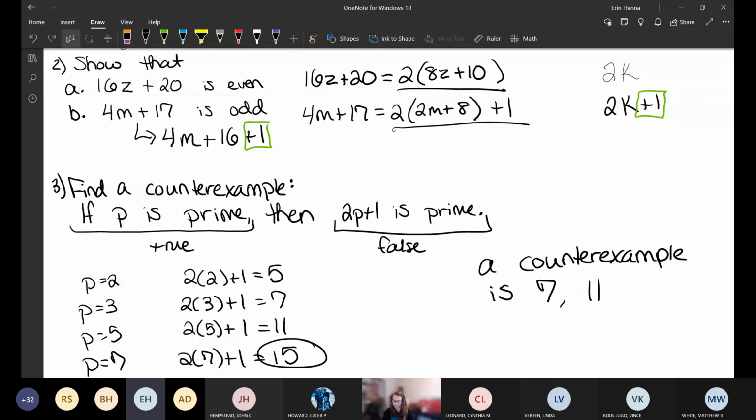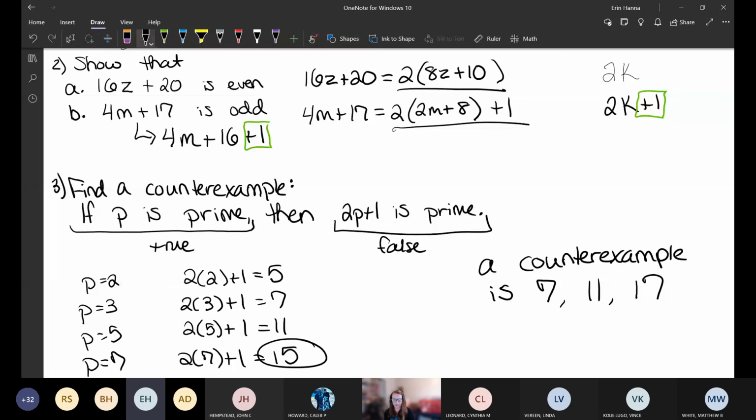Good. 15 would get you 31, which I believe is prime. 17 is a counterexample because it gives you 35. 16 wouldn't be because 16 is not prime. So remember, we've got to start with a prime number.